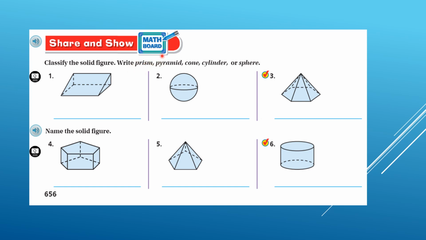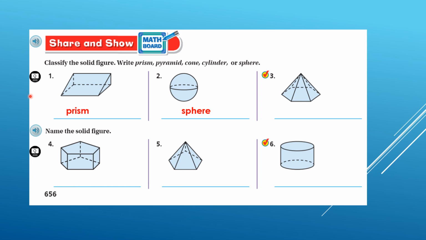Is it a prism or a pyramid? Remember the rule. A prism must have two congruent bases, and I can't find them. Do you see this base and the other opposite face? They are opposing each other and they are congruent bases, right? So that's a prism.